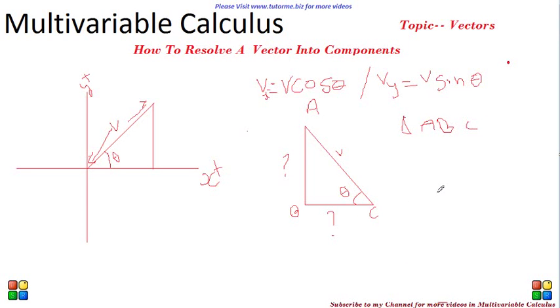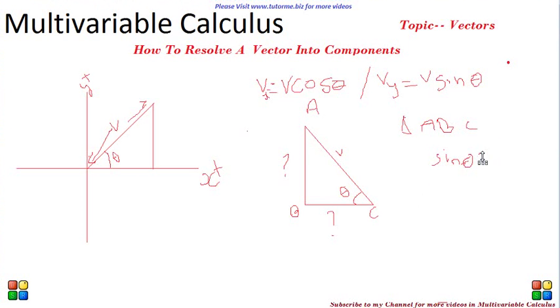We already know v, which in my case is the hypotenuse. So we have a theta and we have the hypotenuse. The only trigonometric expression that allows me to use AB and AC together would be sine theta. So I'm going to write sine theta.